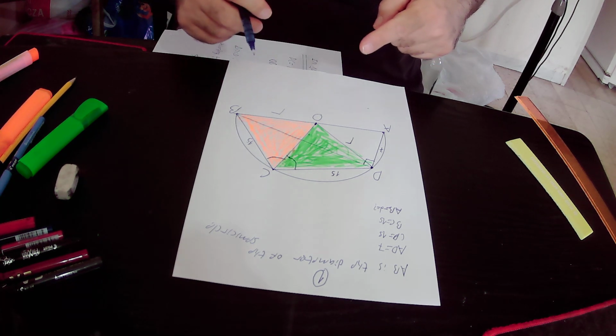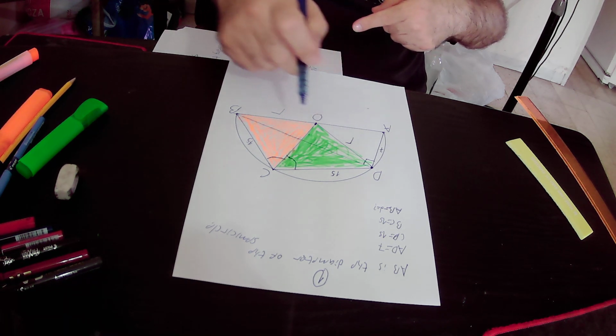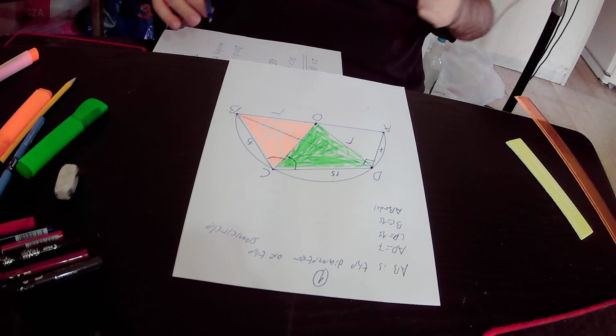The green triangle is congruent to the orange triangle, therefore the corresponding angles, angle OCD and angle OCB, are also equal to each other.